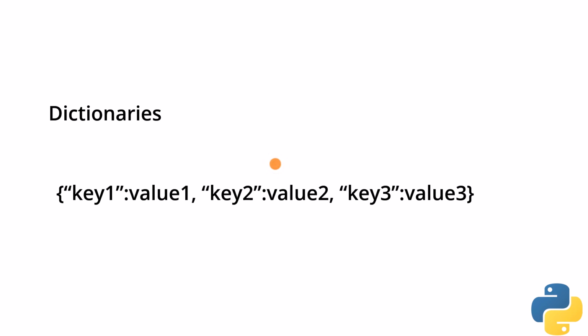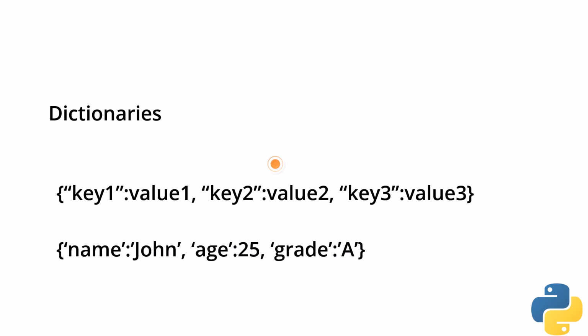We have key and value pairs. This is the syntax, that is the key followed by a colon, which is also followed by the value. So they're kind of associated together. We associate the value to the key.